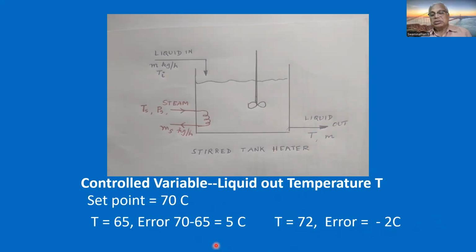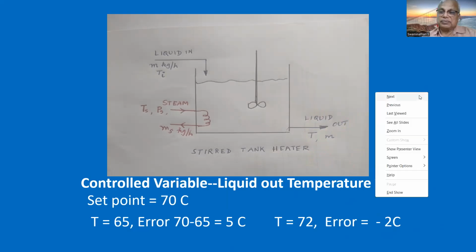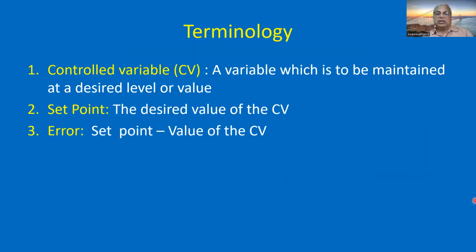So error can be positive or negative, depending on whether the value of the control variable is above or below the set point. So that is about control variable, set point, and error.